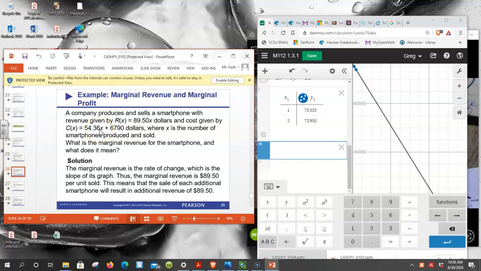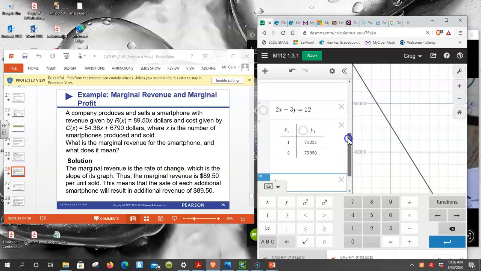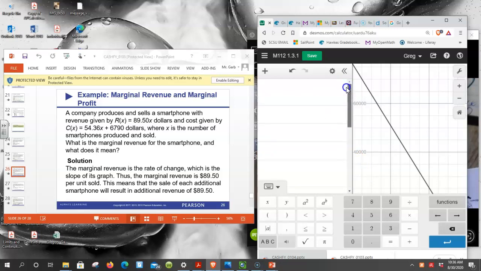It costs them $54.36 to make each phone, and then they had a one-time fee of $67.90, like to buy a building or equipment or whatever, a one-time upfront cost. So we have to take that into account. So we're going to put that into the grapher, and I'll show you what this looks like.